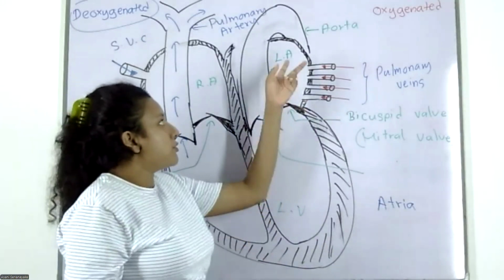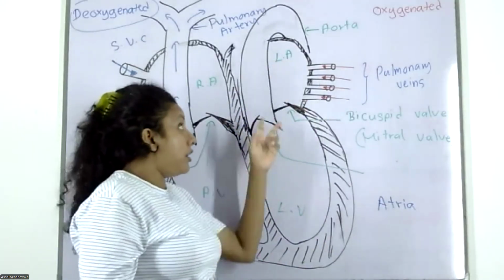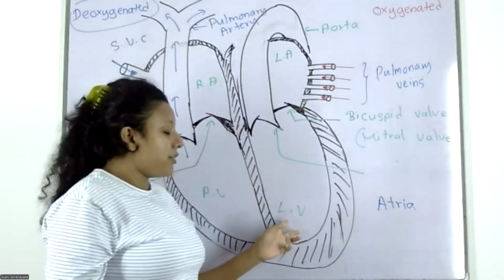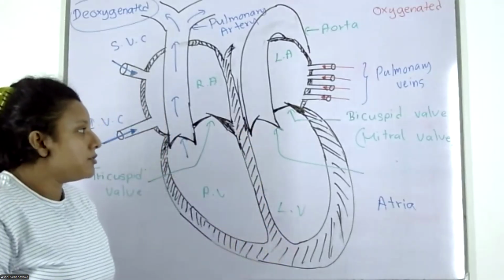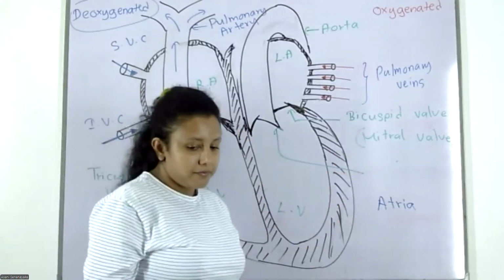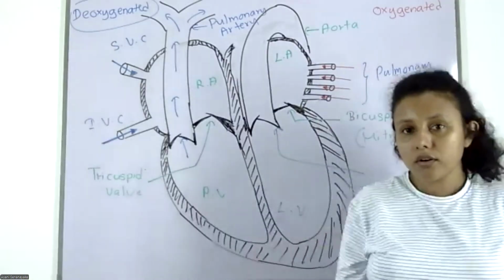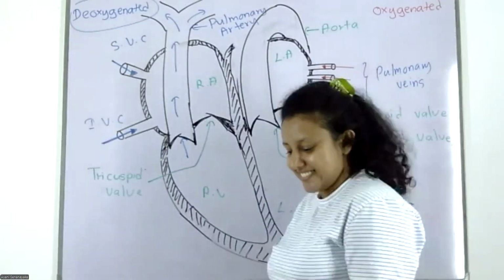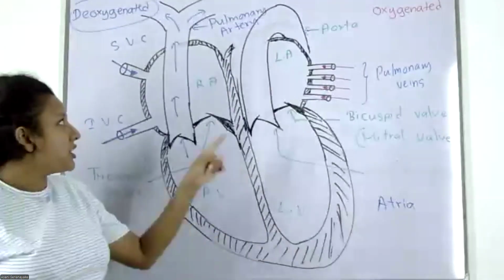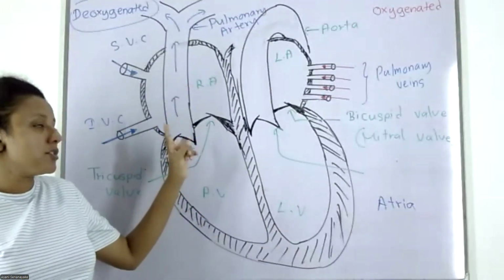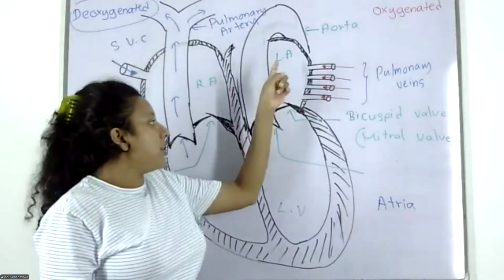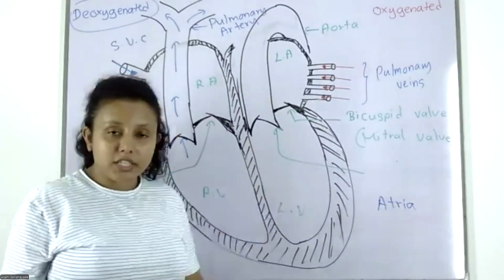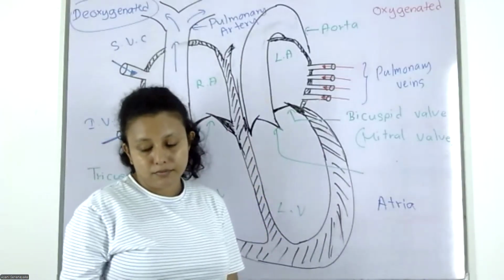Second one is between left atrium and left ventricle, bicuspid valve or mitral valve. You can write it alone because now you know that.